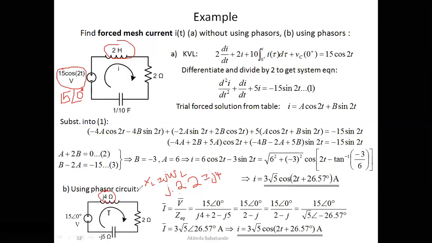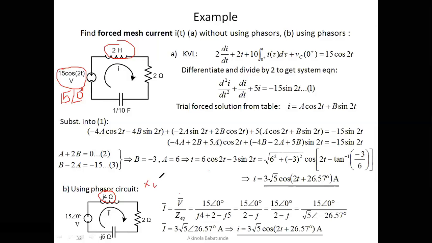All right. The same thing goes for the resistance here. It's just going to be 2 ohms because this is already a resistive component. So you leave it there. And then to convert the capacitance to impedance, that would be the same thing as saying we are looking for XC.